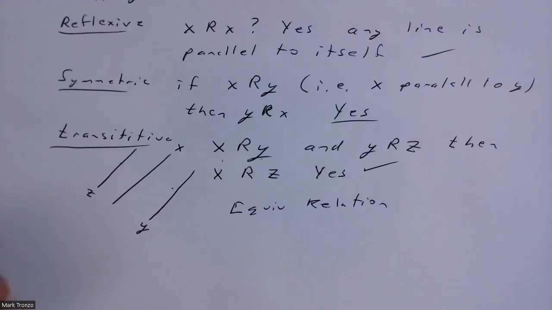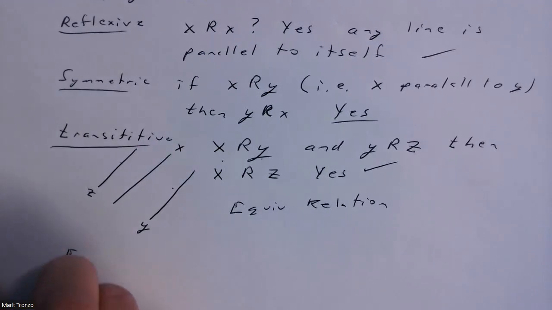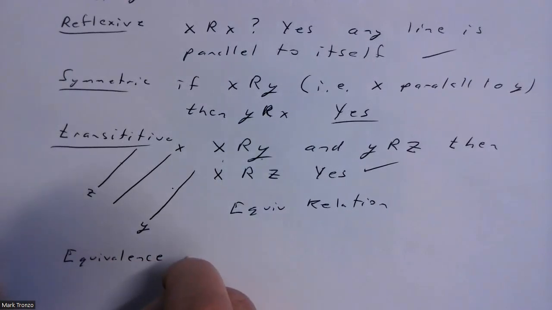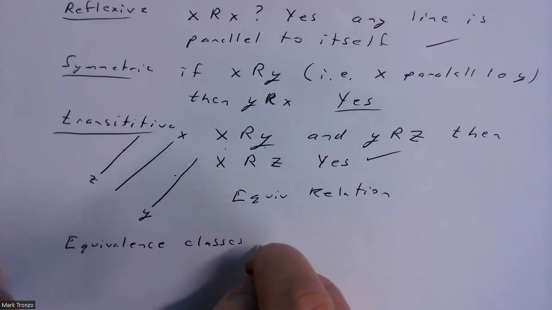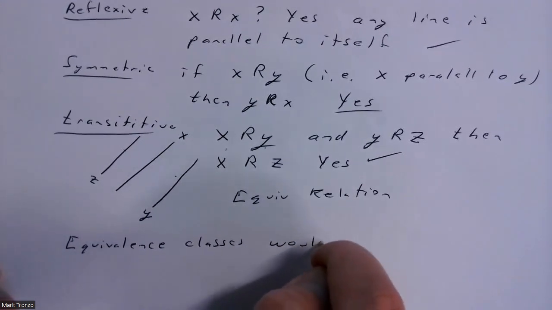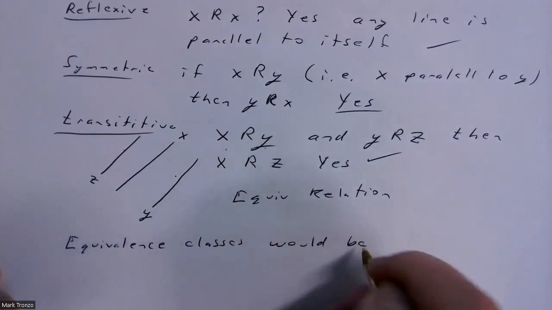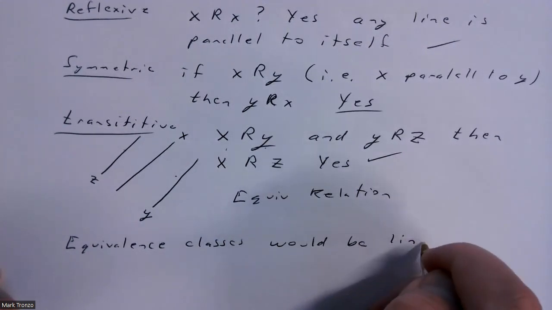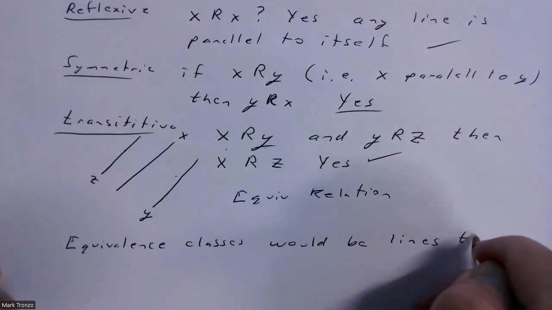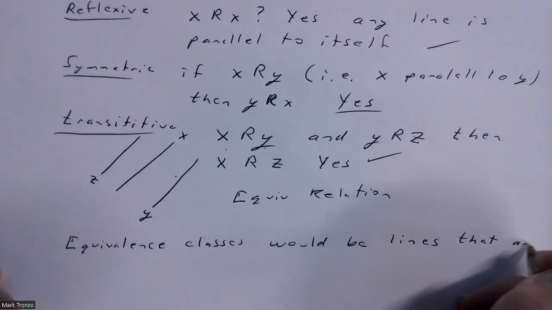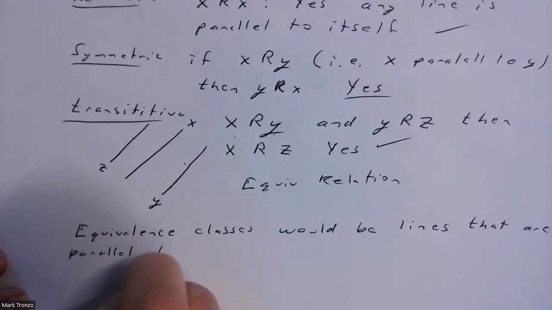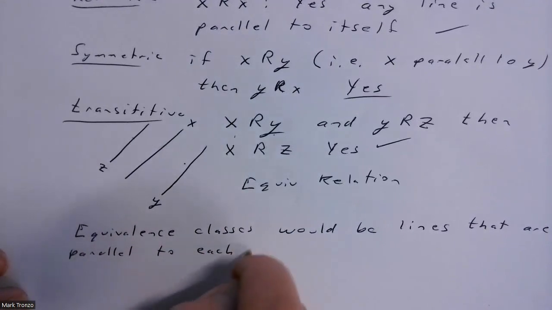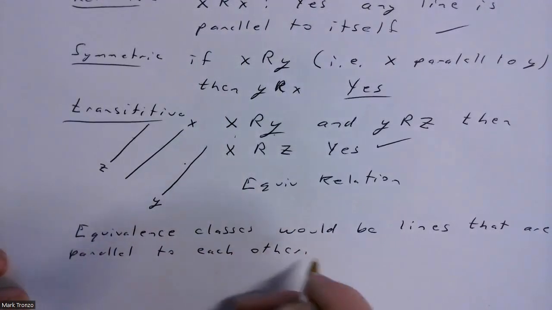So the equivalence classes would be the lines that are parallel to each other. You can sort of say it like that.